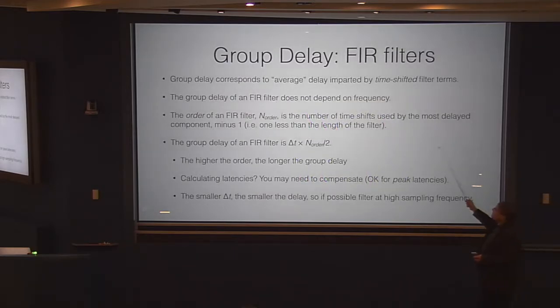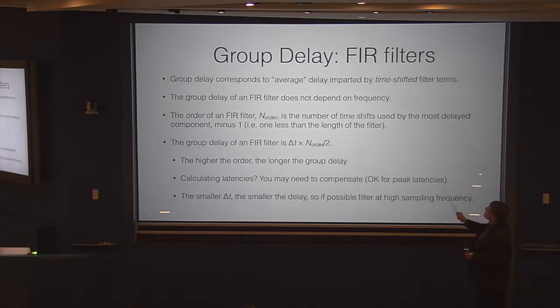So it turns out, if you look at the theory or do a lot of numerical experiments, that you can always calculate the group delay of a filter by looking at the average delay imparted by all of the pieces of that filter. So if the filter uses now plus a time step before plus a time step before that, then the average of those 3 is 1 time step before.